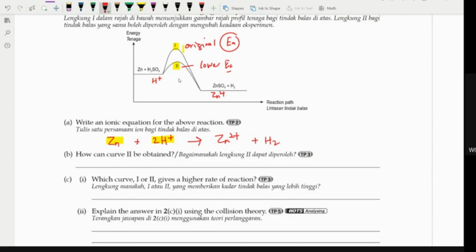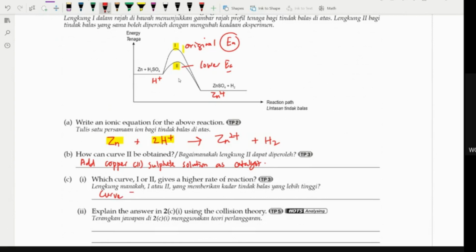So record down this one: add in copper(II) sulfate solution as catalyst. Okay, which curve will give a higher rate of reaction, curve 1 or 2, class?